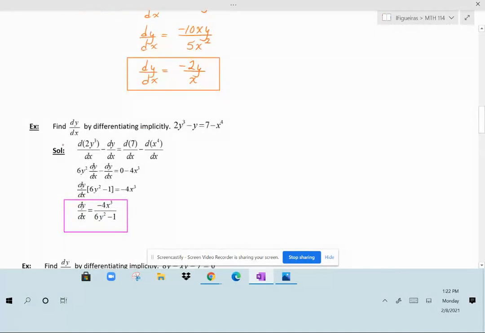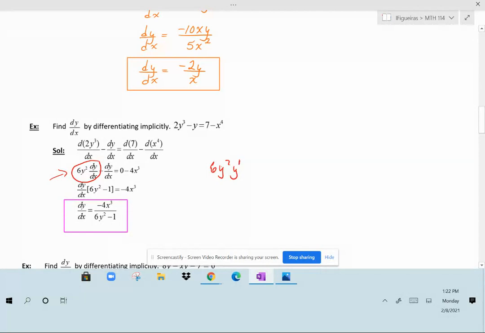So you take the derivative of both sides of the equation, which is exactly what you see here. To take the derivative of 2y cubed, you have to apply power rule. So that's where the 6y squared comes from. But then you have to follow that by the derivative of y. So you have 6y squared dy/dx, or you could write it as 6y squared y prime.